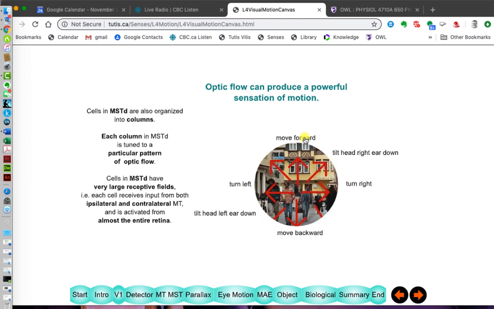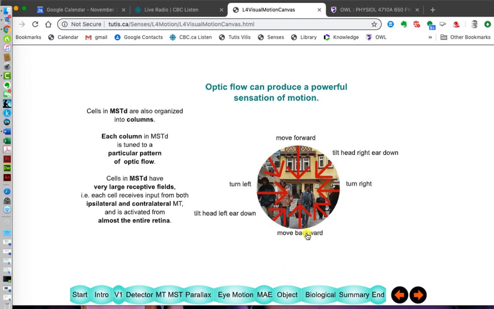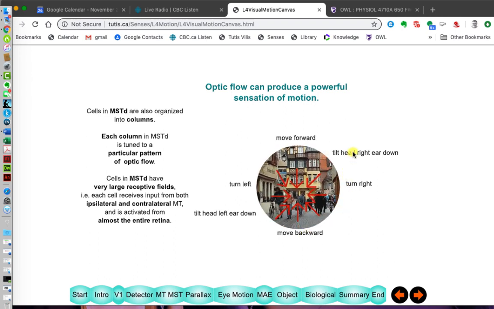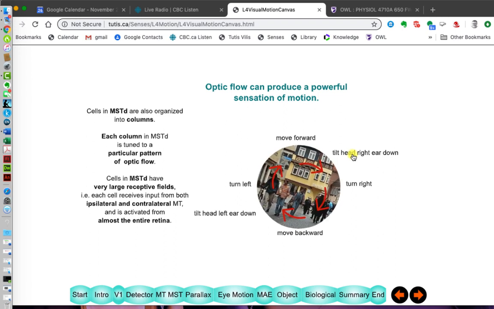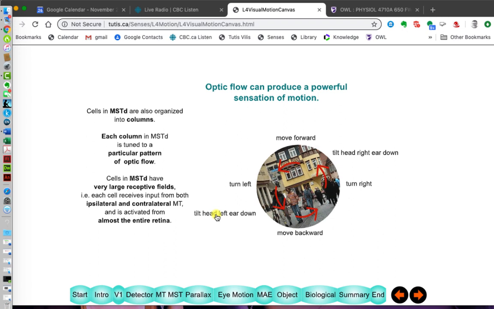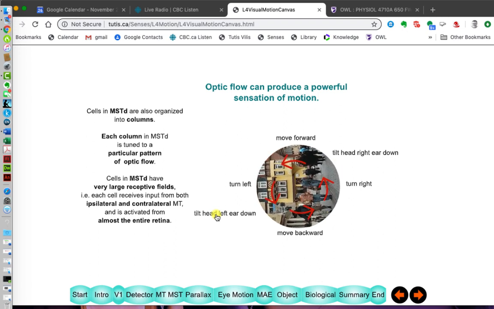Patterns moving forward, they expand, patterns moving backwards, they contract. If you tilt your head in one direction, it goes this way. If you tilt your head in the other direction, it goes this way. You can imagine that there's millions of patterns that the eye can sense.